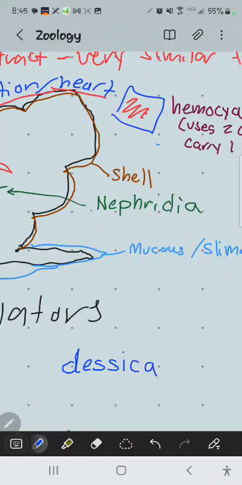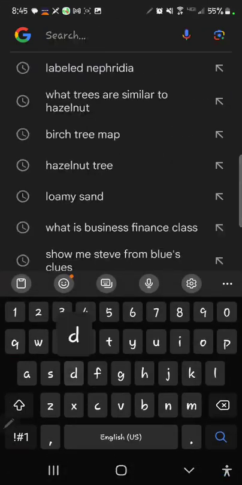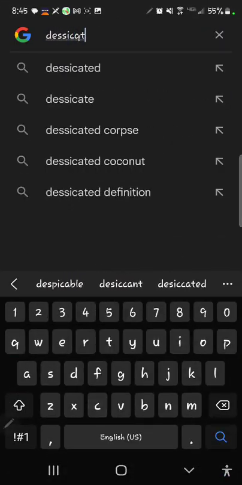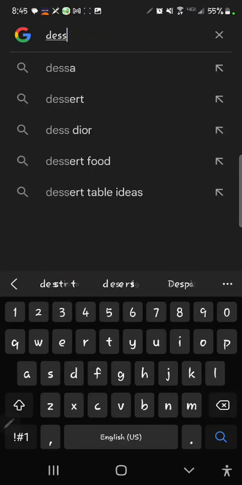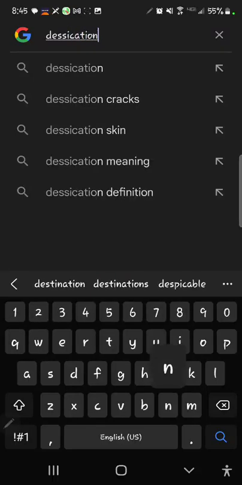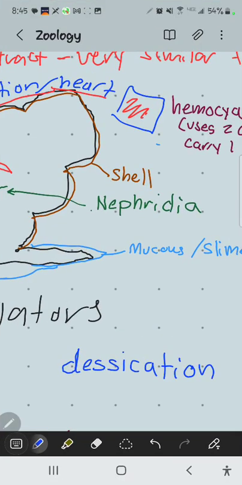Or usually, I've never had a class where someone calls out the correct spelling. Now with smartphones and things like that, it's no fun. So anyway, drying out, the issue of living on land, is called desiccation. And desiccation is spelled like this, with one S and two C's.